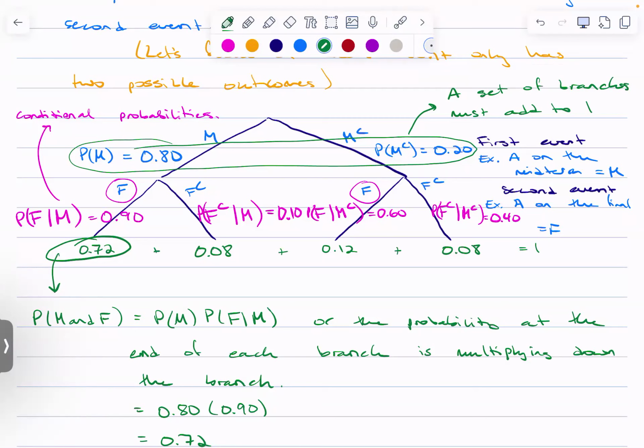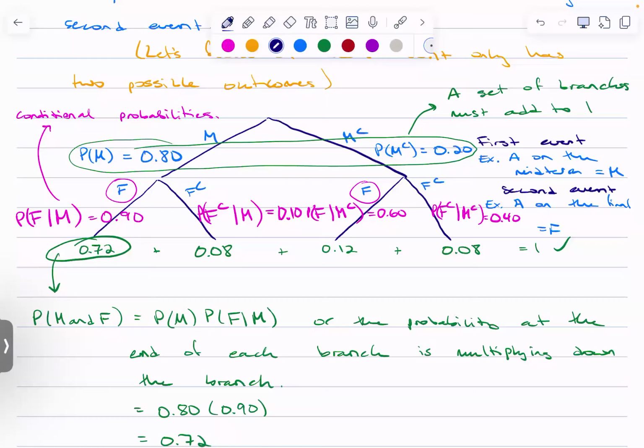So 0.08 plus 0.08 plus 0.12 plus 0.72. Phew, it does add to 1. So that's one way to check that your math is working, right? All of these have to add to one. This is a set of branches. Okay.